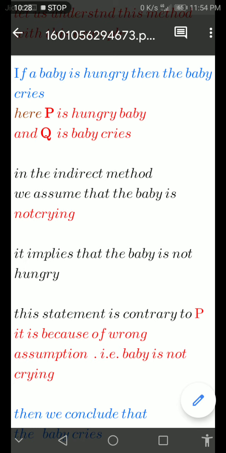But you are given a hungry baby. What does P say here? The baby is hungry. What do you get in this step? The baby is not hungry. Both of these statements are contrary to each other. This is called contradiction, contradictory data.